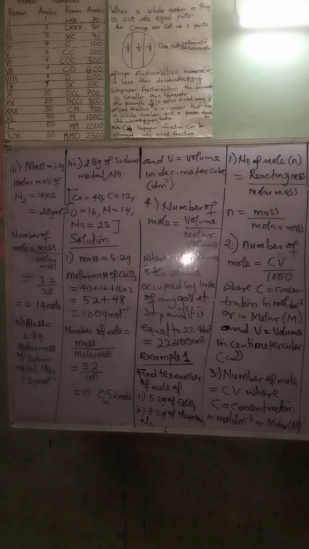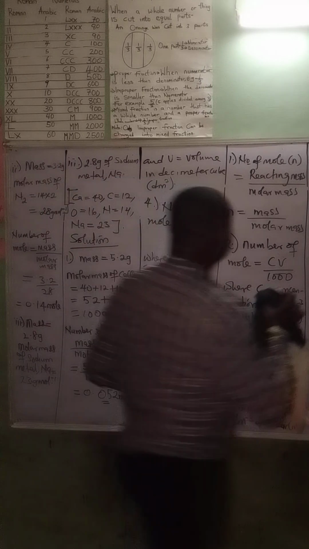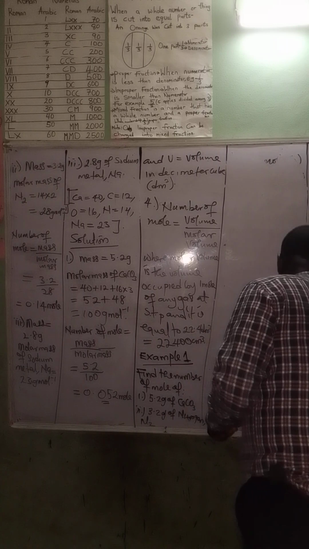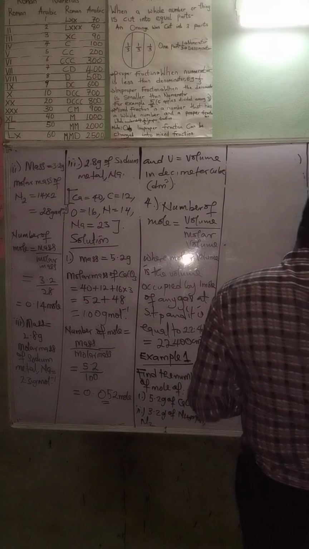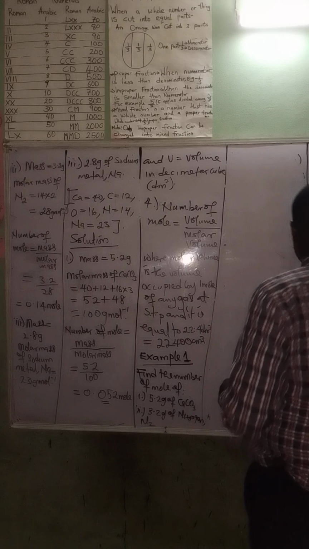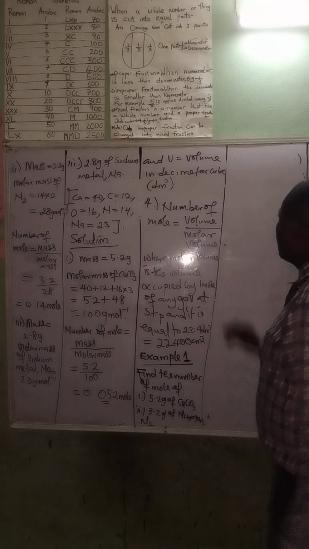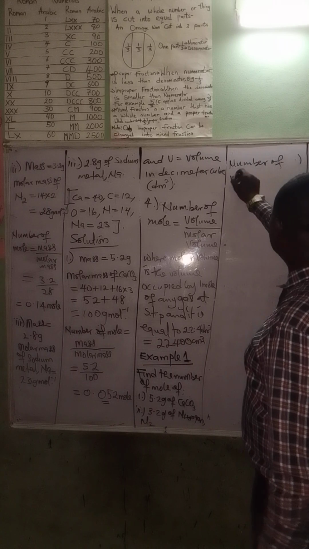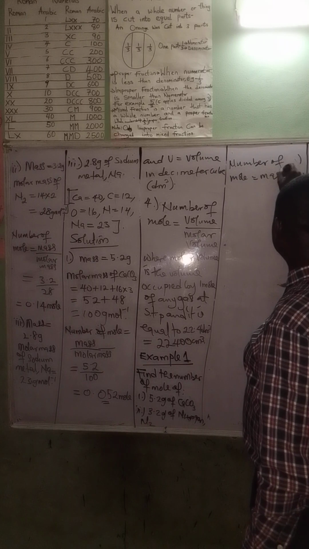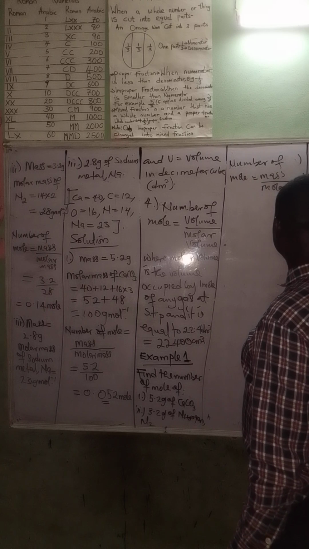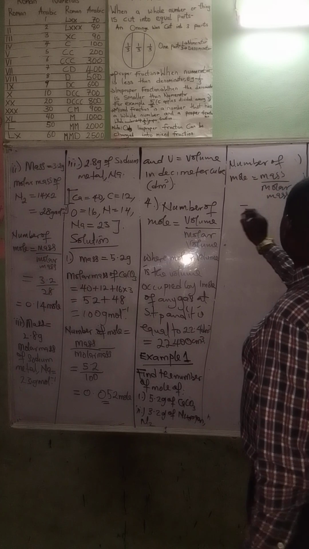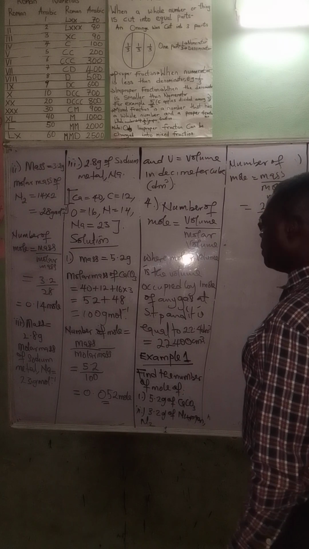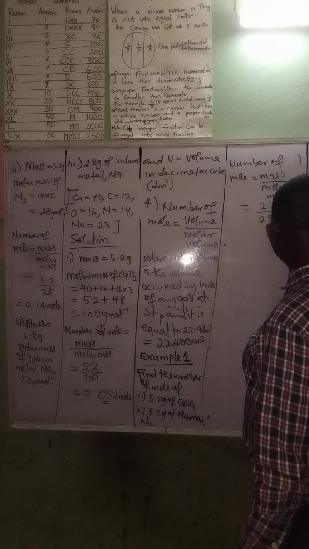So then, we now go yes. Our formula is still number of mole equals to mass over molar mass. What's our mass here? Our mass is 2.8, molar mass is 23.